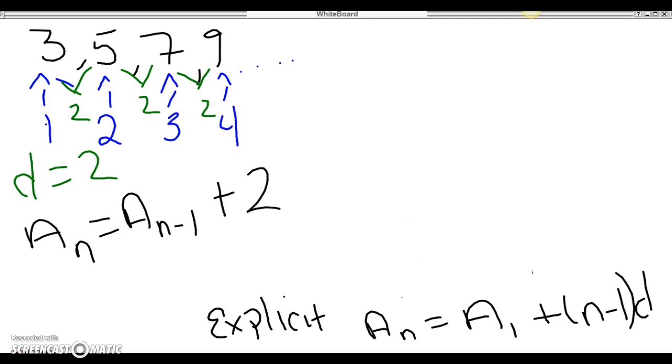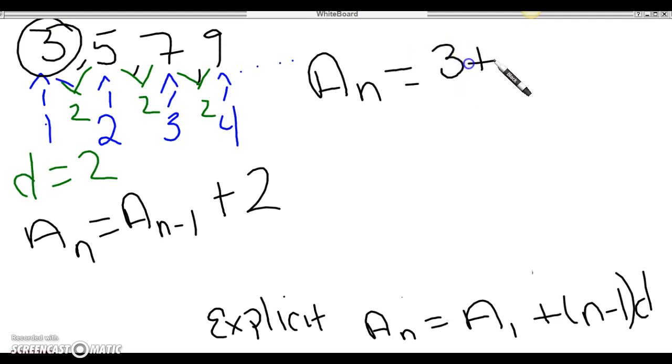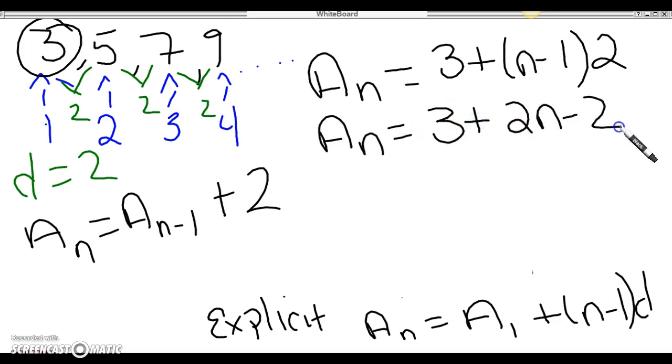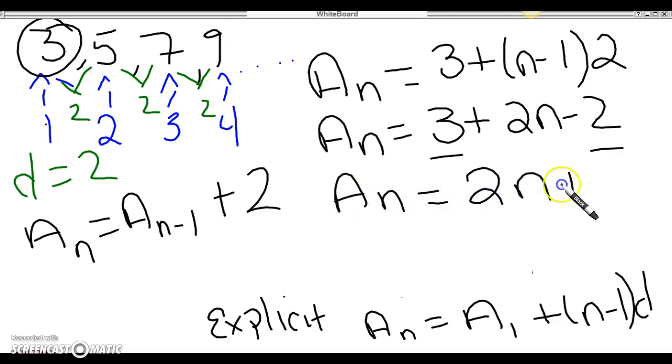My explicit formula is a sub n equals a sub 1, and my first term is 3, so we'll put 3 plus n minus 1 times 2. So I need to solve this out. I get a sub n equals 3 plus 2n minus 2. Combine my like terms, I get a sub n equals 2n plus 1.